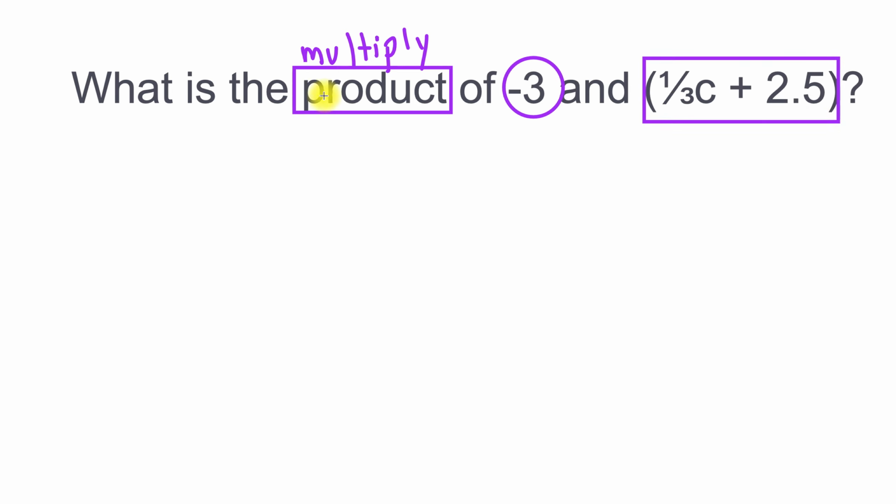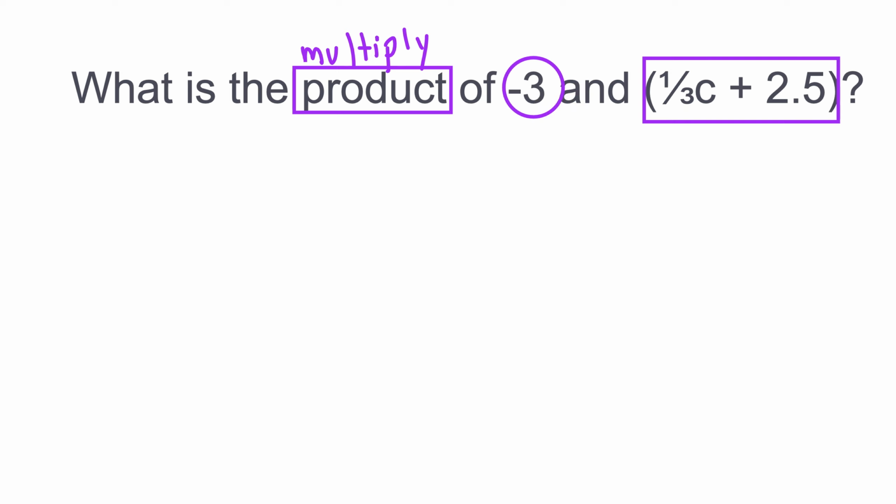Now, the look of this question may be different than what we're used to seeing, but the idea is basically the same. We have this single term by itself, and we're multiplying an expression with it that has more than one term inside. So let's just rewrite this so that it looks a little bit more familiar.